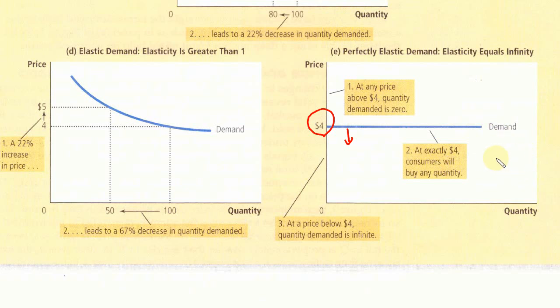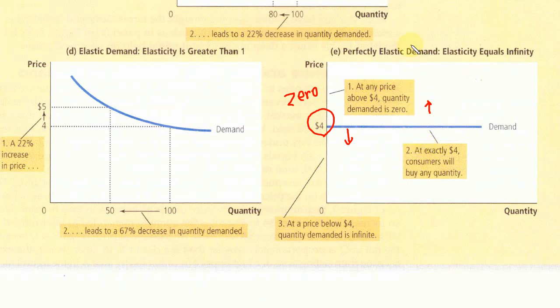But if the price is above 4, there is no demand. On the basis of this point, $4 is the guideline for demand being 0 or infinite. This graph shows that.